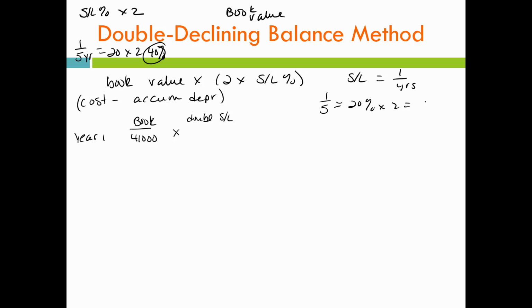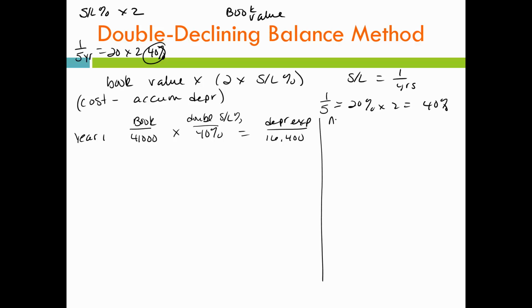Double that to get 40%. So each year I will take 40% of the book value. So that gives me depreciation expense in year 1 of $16,400. That's the book value times 40% gives me depreciation expense.